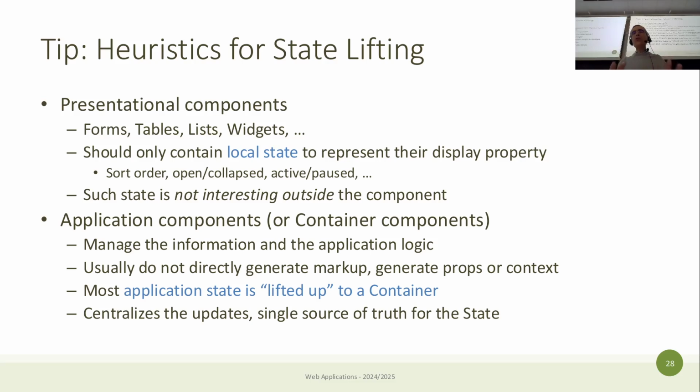While presentation components typically receive the information through the props and show it. So they render the button, the text, the paragraph, the list, the element of the table, and so on. Okay? Okay, good. So I hope this is more or less a good explanation of the state in React.